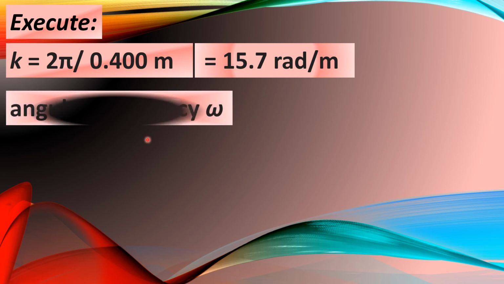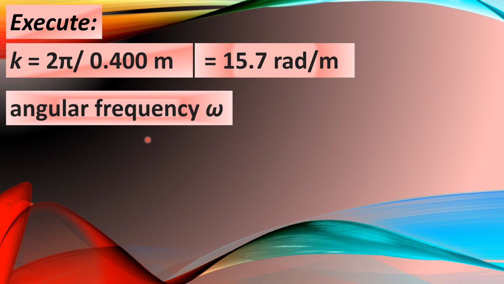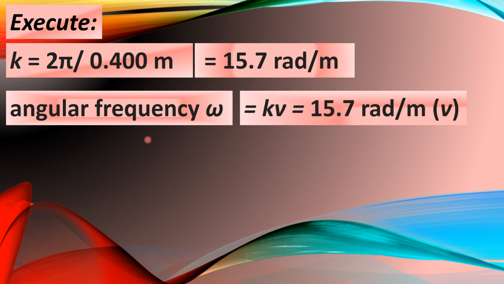Earlier, we already said that the wave number k is equal to 15.7 radian per meter. We can find the angular frequency omega in terms of the wave number k and the wave speed of propagation, small letter v. So the angular frequency omega is just equal to k times v.